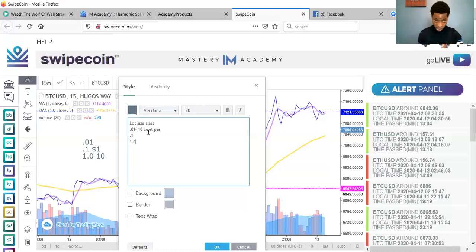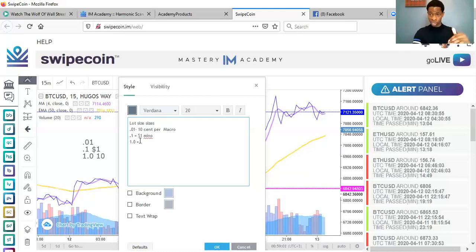So based on that, we have 10 cents, which is a micro. We have 0.1, which is pretty much $1 per point or pip the market moves. That's a mini. And right over here we have a 1.0, which is actually a standard.